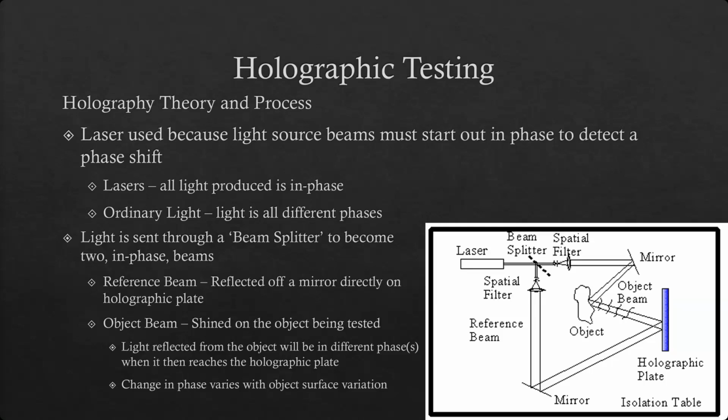So some of those areas where those light beams come together, now that they're no longer in perfect phase with each other, some of those beams coming off the object, and some of those off of the reference beam are going to be in phase with each other. That'll create higher intensity spots on this holographic plate. And some of them will be out of phase with one another. So those will create low intensity spots on the holographic plate, and then any various combination in between.